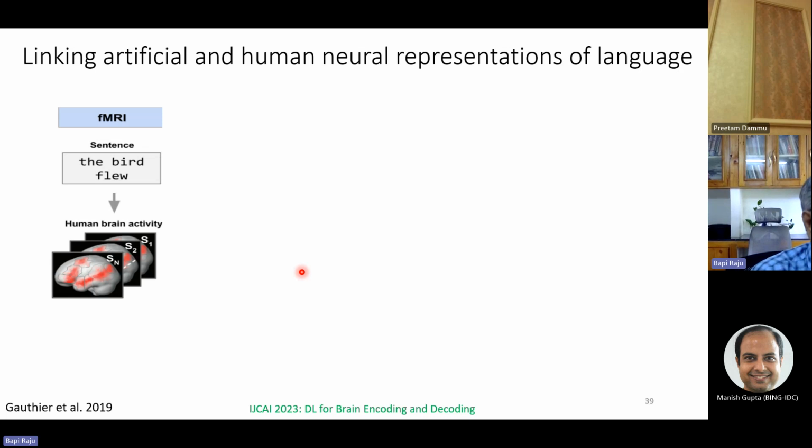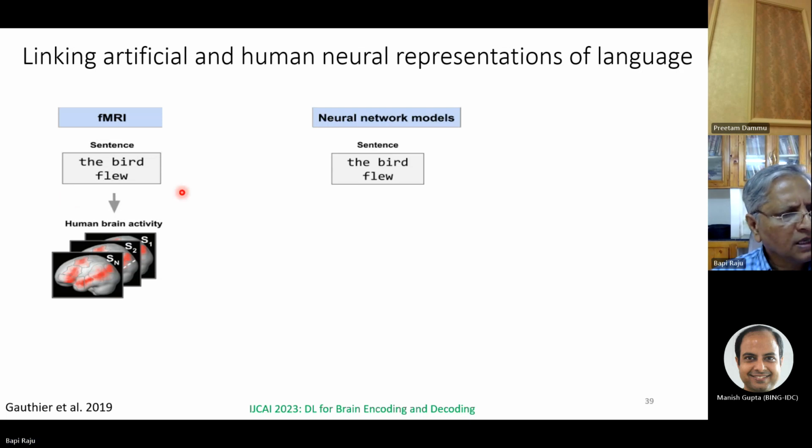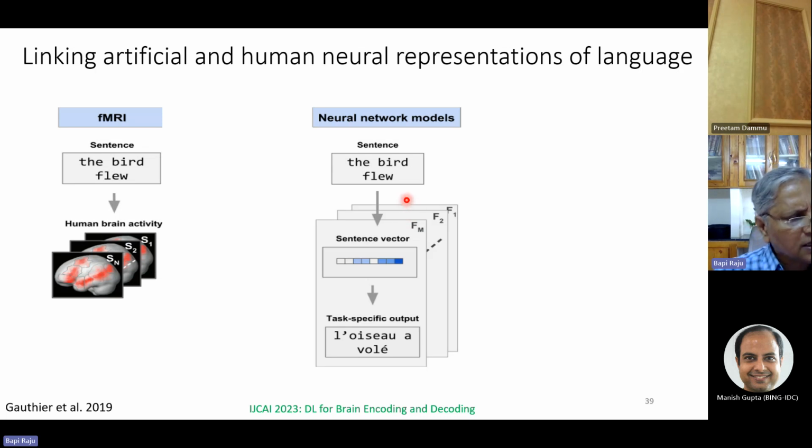This is a task where participants, this is a parallel data set that they use. You already know that functional MRI brain recording was done when participants were shown pictures of concepts, or sentences that use a concept, or a word cloud that has the target concept in the center. And a neural network model derives the sentence representation.